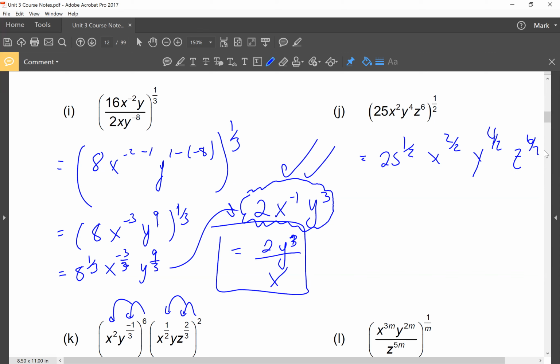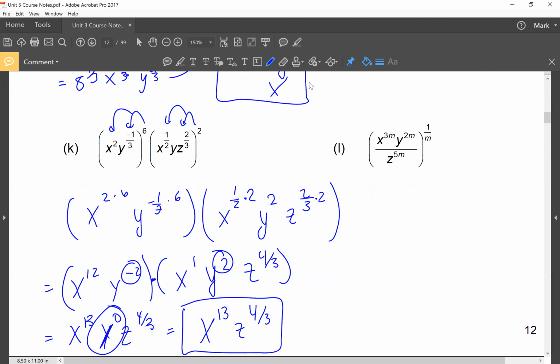And what I end up getting is 5x y squared z 3. I don't know why I can't write 3 today. There you go. This one's pretty easy. Letter J was a pretty easy one.